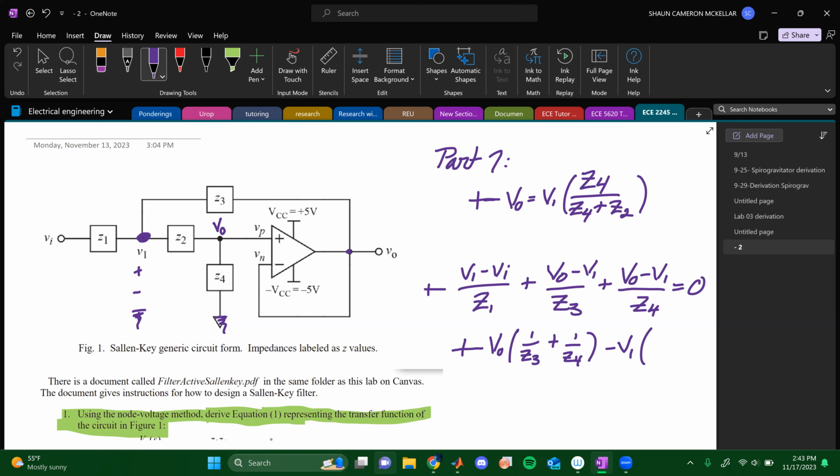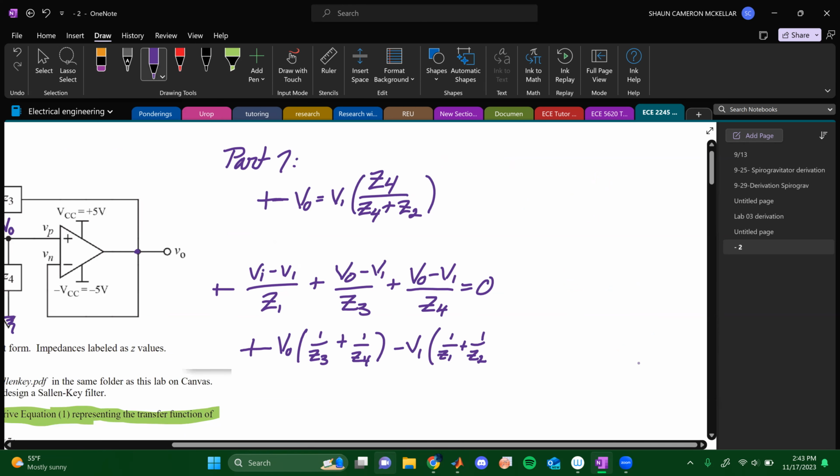Oh yeah, and I did get this first one backwards. I think that's what you were saying. This first one should be V in minus V1 over Z1. Thanks for catching that. So on my minus V1 term, I'm going to have 1 over Z1 plus 1 over Z2 plus 1 over Z3.